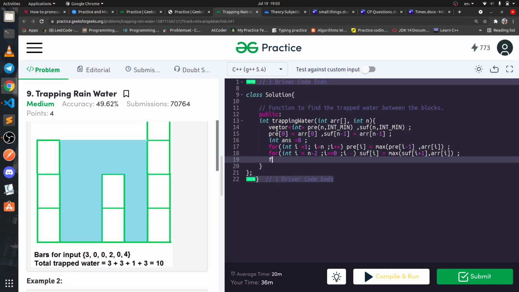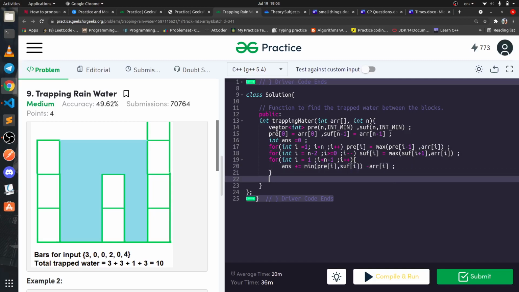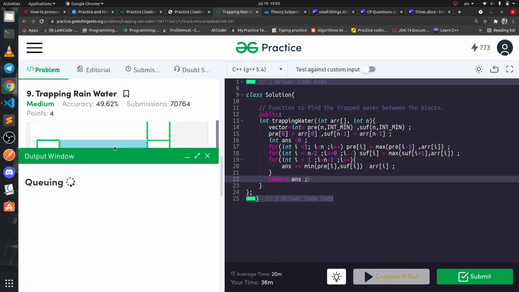So for int i equal to 1, i less than n minus 1, i plus plus, answer is equal to answer plus min of pref i comma suff i minus the height of the current element, array i. Okay, and yeah, that should do it. Let's return the answer. Let's see.